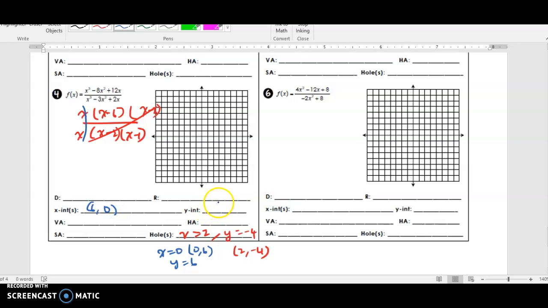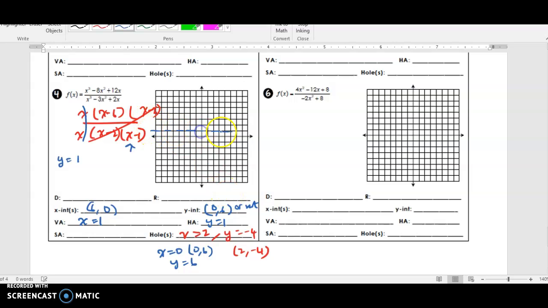So y-intercept is 0, 6 or not, because of the break in the graph. Now what is left at the bottom? It's x equal to 1. That's the vertical asymptote. And horizontal asymptote here, in this case, exponents are the same. So divide the coefficients. So y equals 1 is the horizontal asymptote.